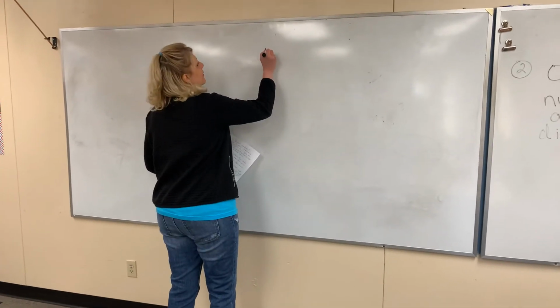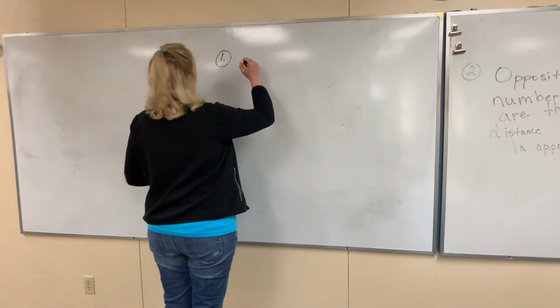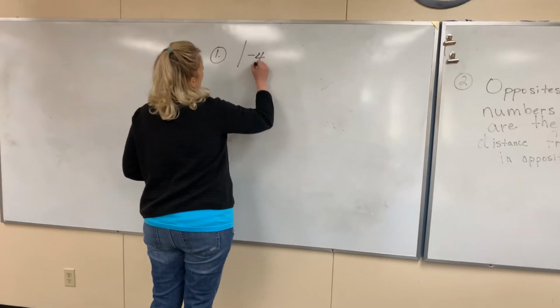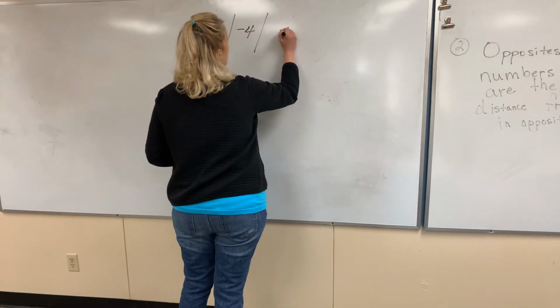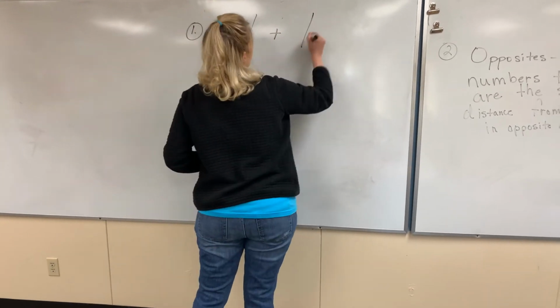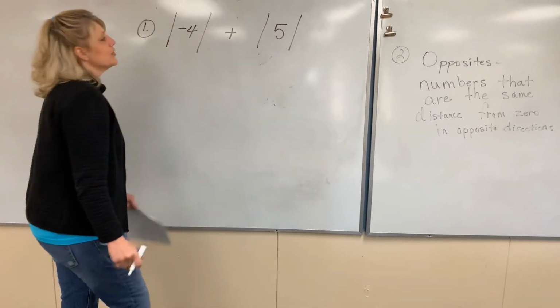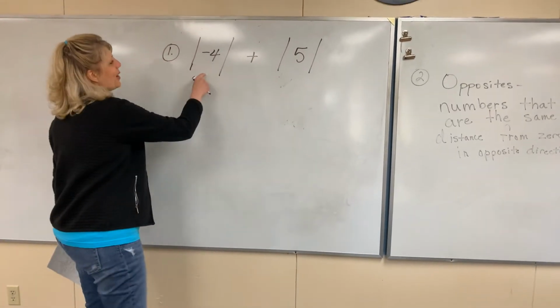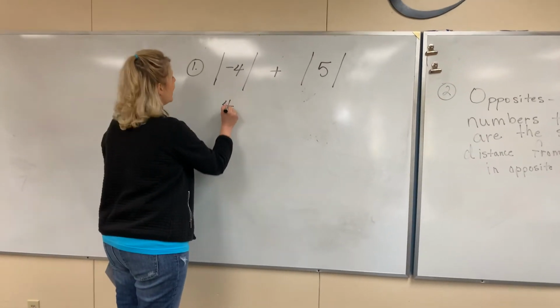Let me give you a couple of examples on how you would work an equation over this. Let's say you have the absolute value of -4 plus the absolute value of positive 5. If you remember what I said, how many steps are you away from 0? 4. Not -4.